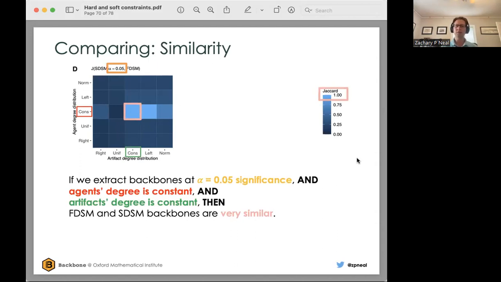And in this context, we're measuring similarity simply using the Jaccard coefficient. So they're essentially identical backbones in this very specific case.